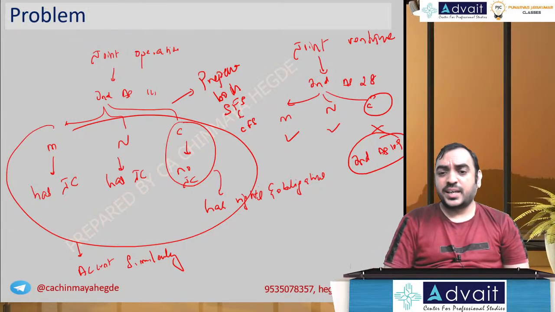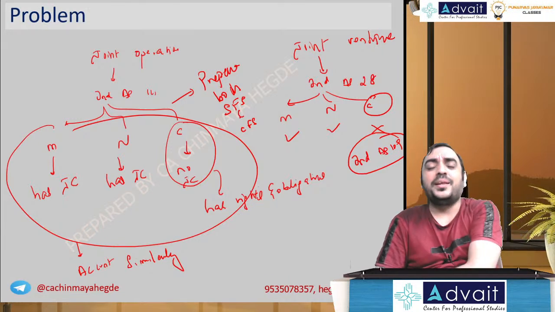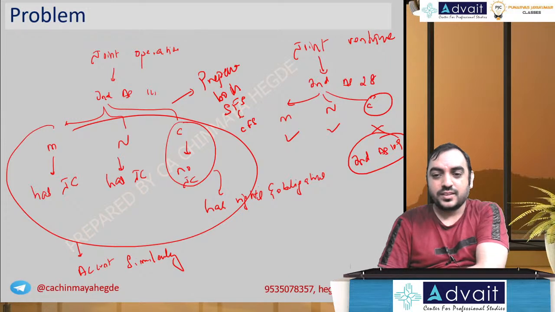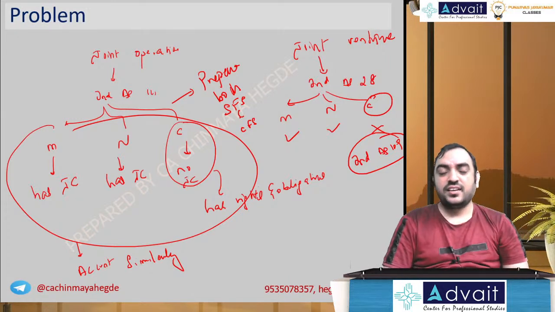Some questions are skipped in between. They are repeated ones. Maybe they are printed in the material once more. Please check it out. They are the same questions which I have already discussed. Any questions in between which are not done, they are repeated ones, already discussed.